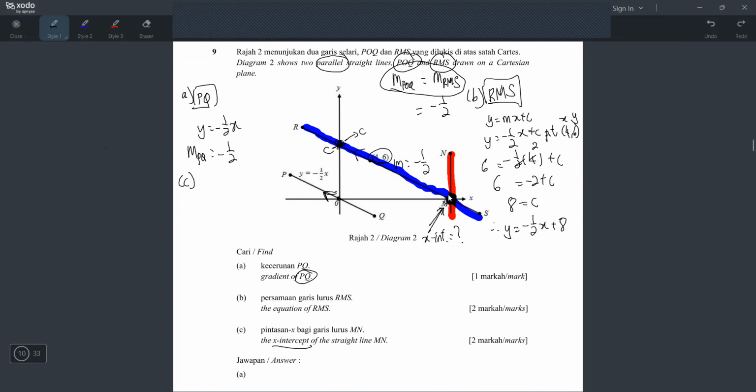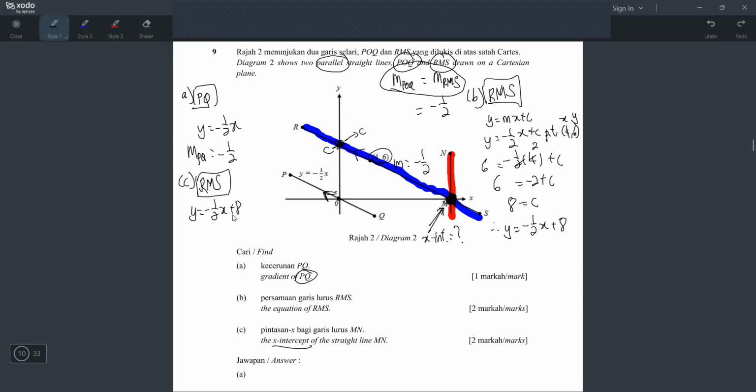Tapi ya, pada masa yang sama, point M ni adalah x-intercept for RS line also. It means point M is not only the x-intercept for MN, it's also the x-intercept of RS. You realize? And for the RS equation, you sudah ada tahu. RS equation is y equals negative 1 over 2 x plus 8. So, what we can do, since we don't have the MN equation, so we can't ganti y equals 0, we can use the RS equation to ganti y equals 0.